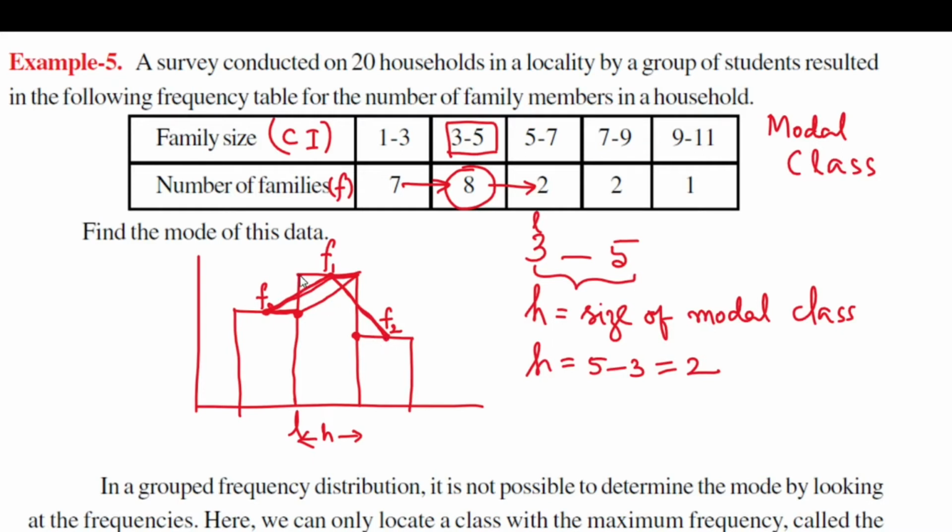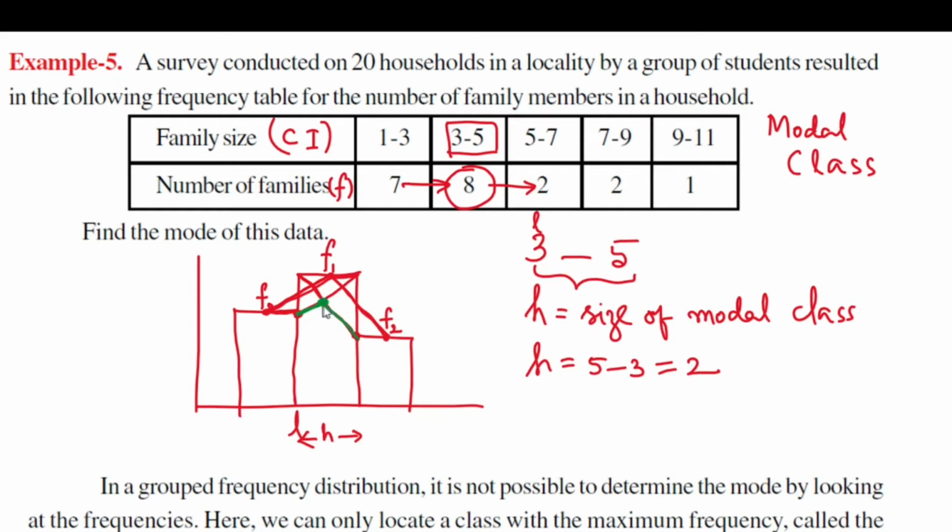So we join this point and this point. This is parallel to this line. So here we see that within this modal class, the same trend of change in frequencies is followed. Assuming this, we will find out the modal value here.